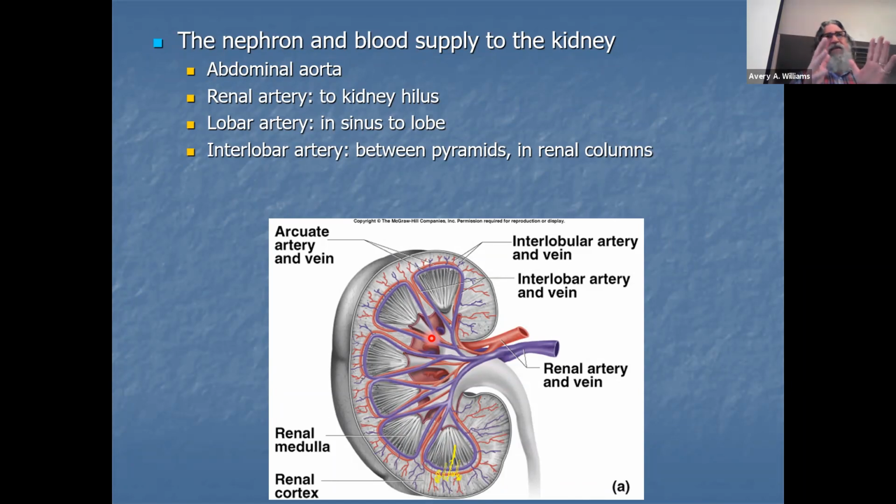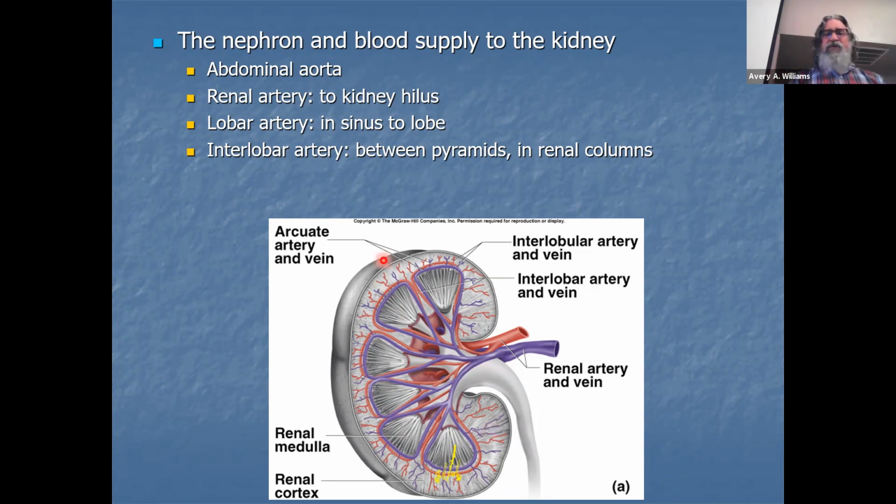Once it reaches basically the apex of the pyramid where the papilla and minor calyx meet, it splits and divides and travels in the renal columns. So the red one here, red one here, everywhere. They're on the sides of the pyramids. You have interlobar arteries.